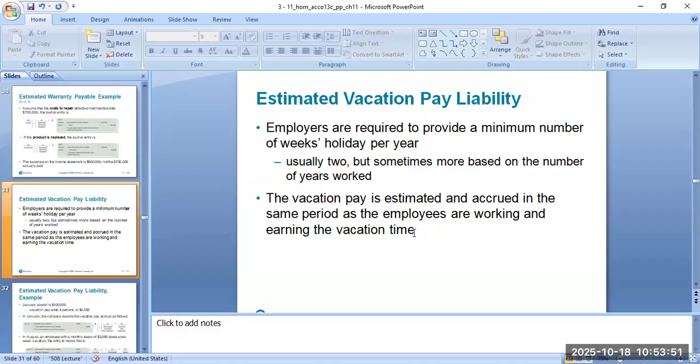We may have some days outstanding for our employees if there's no requirement from the company to use all the vacation within the current year. In that case, that vacation has to be estimated and accrued in the same period that the employee is working and earning their vacation time.